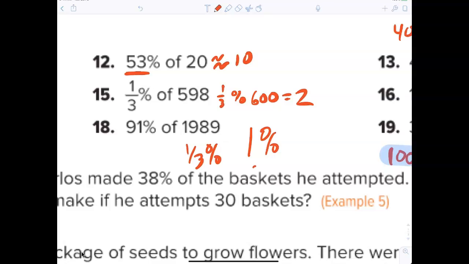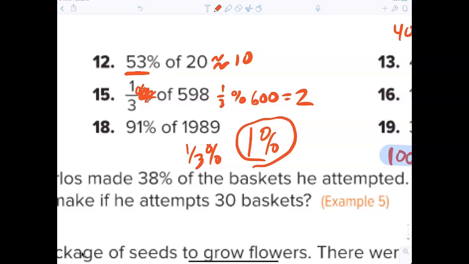So we took 1% and then we divided it by 3. You see what I'm saying? Because again, what your mistake is, if I said 1/3 of 600, you would be correct.